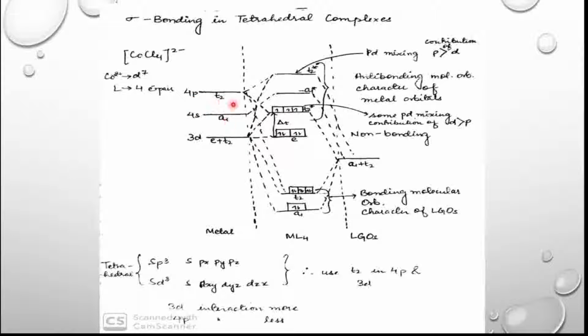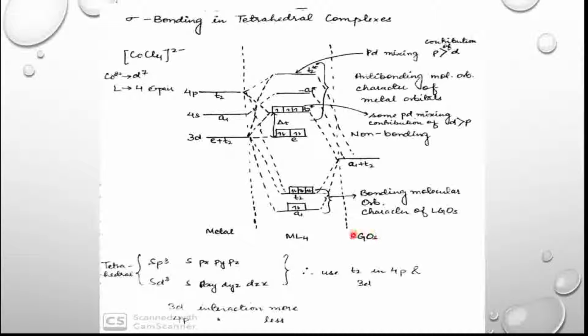Since your coordination number is 4, because we are dealing with tetrahedral complexes, we have 4 ligands. And when we have 4 ligands, the ligand group orbitals must have the same symmetry to overlap with these metal orbitals. This is the actual rule for ligand field theory.